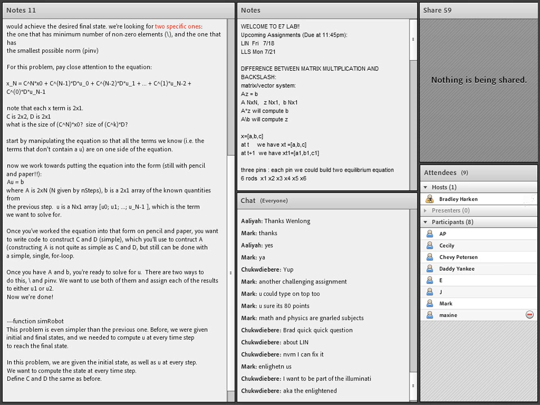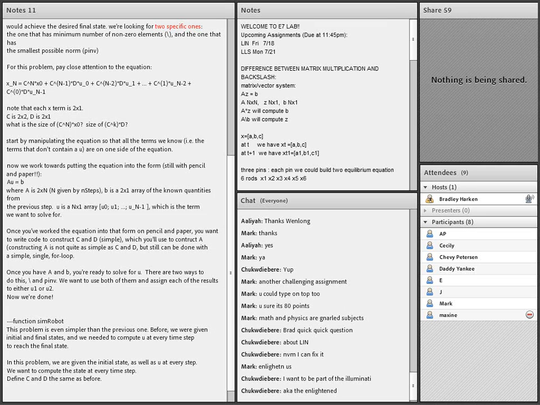In the previous one we wanted to solve all of the time steps simultaneously in order to solve for all of the u's simultaneously. In this one, we don't even need to do that.